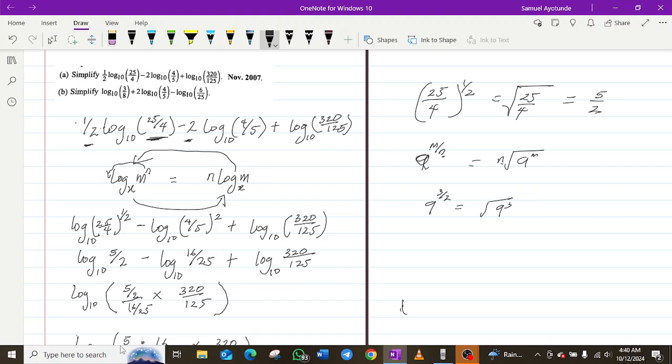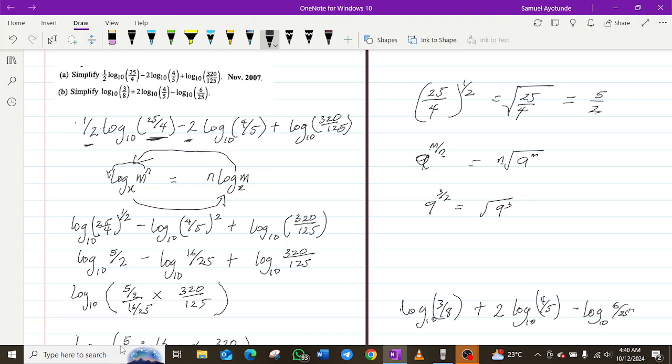Log 3 over 8 base 10 plus 2 log 4 over 5 base 10 minus log 6 over 25 base 10.